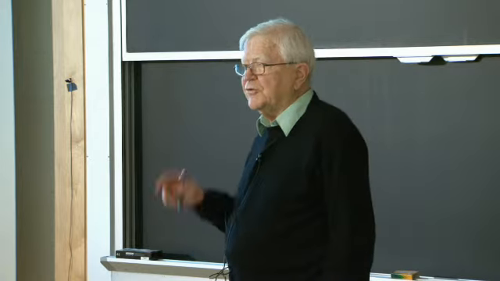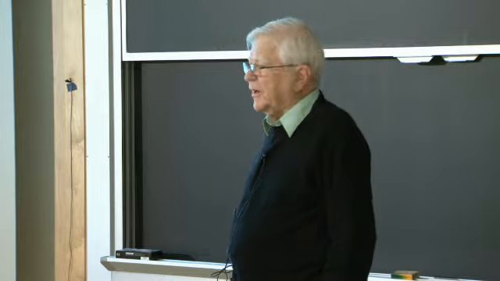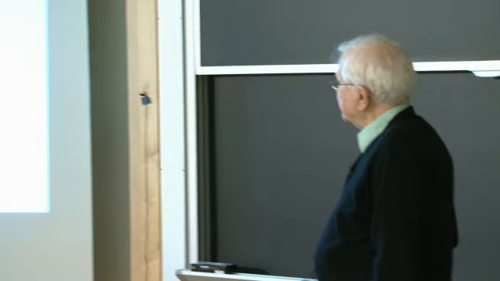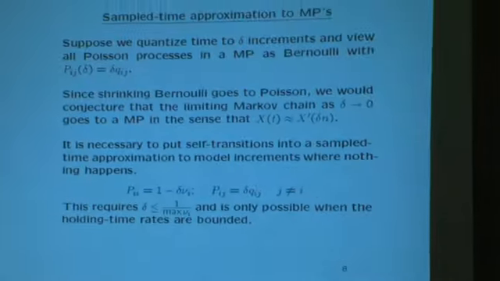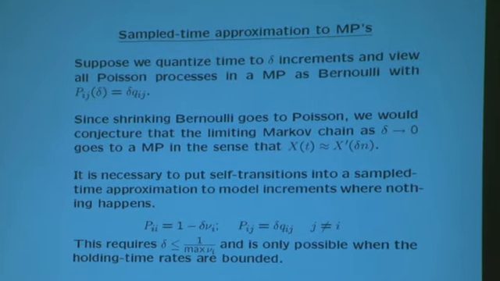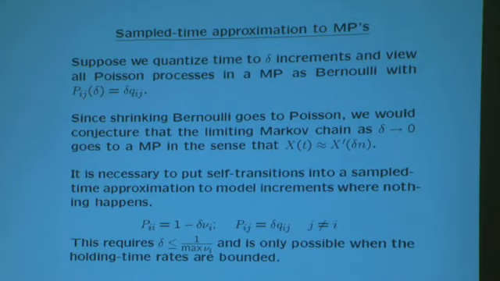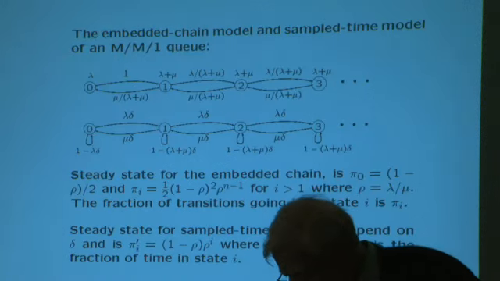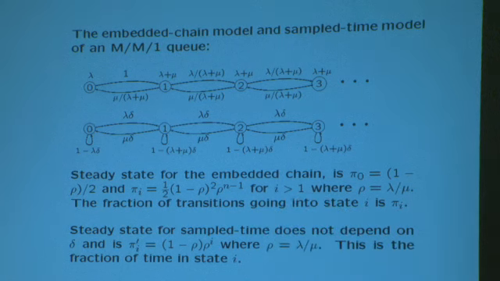All you can do is truncate the chain also and then see what happens, and that's often a good way to do it. Okay, so we can always do this sample time approximation. What is nice about the sample time approximation is that we will find that in general, if you can use the sample time approximation, it always gives you the exact steady state probabilities.